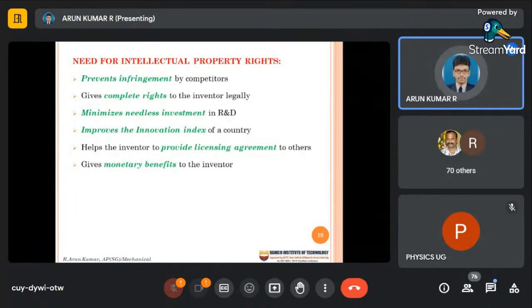And the next one is it minimizes needless investment in R&D. So what actually is needless investment in R&D? Now I'll tell you. For example, consider the case of COVID. We Indians have used two different vaccines. One is Covaxin and the other one is Covishield.